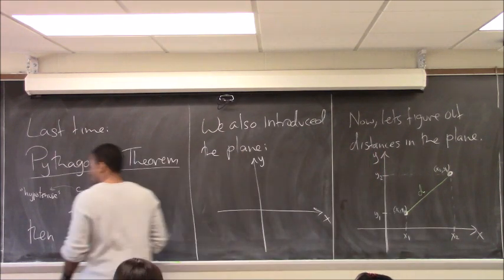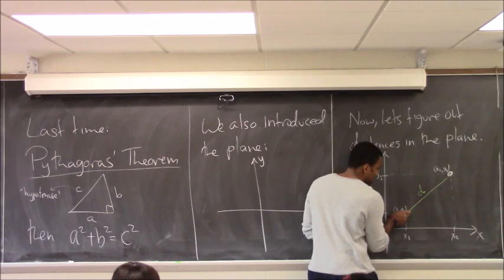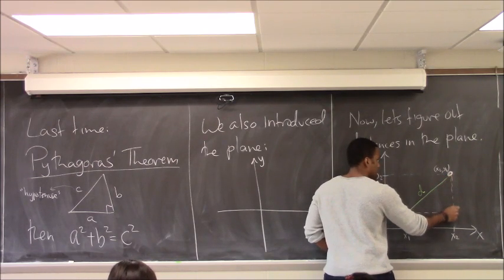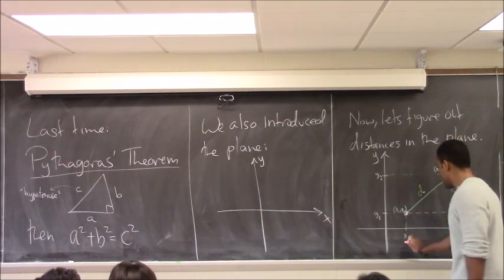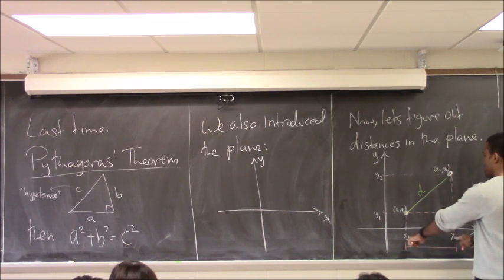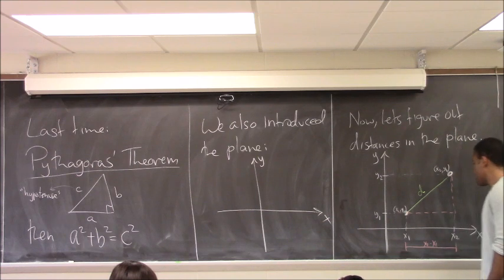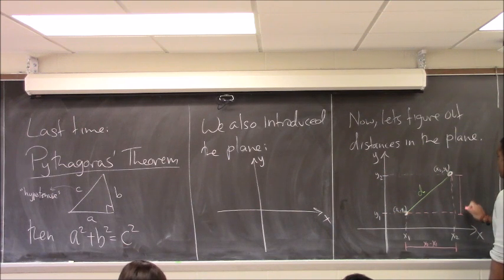Now, one thing you can notice is that we can actually fill in a horizontal line and a vertical line. And in fact, we know what the distances of these are. The distance between these two numbers is going to give you the length of the base, so that's going to be x2 minus x1. And the distance between these two numbers is going to give you the height. So that is going to be y2 minus y1.